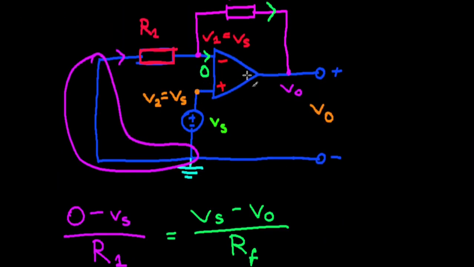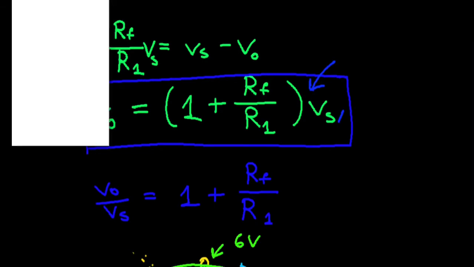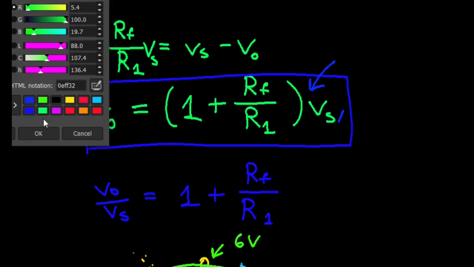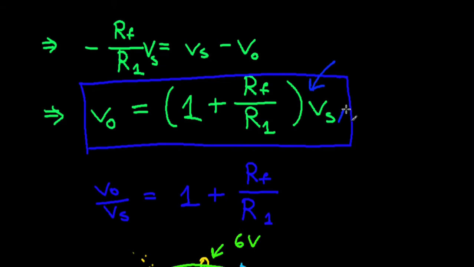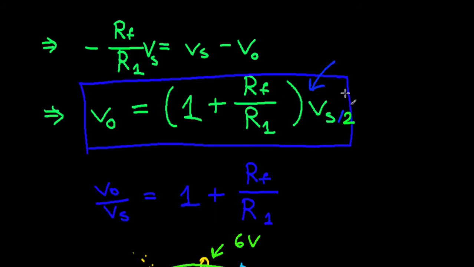Doesn't matter if it comes from a cell or some other method. So you could rewrite this formula with your V supply, or we just say your V2. So you could just say it's also your non-inverting input voltage. It's really the same thing.